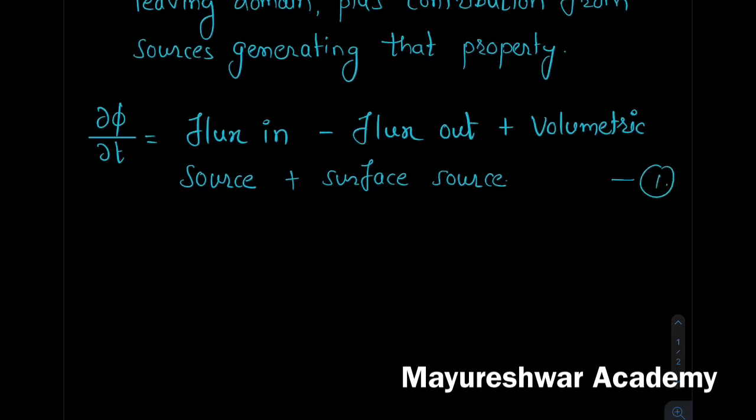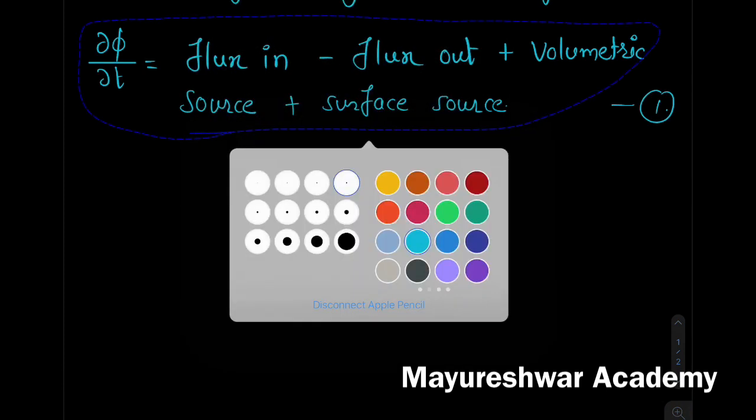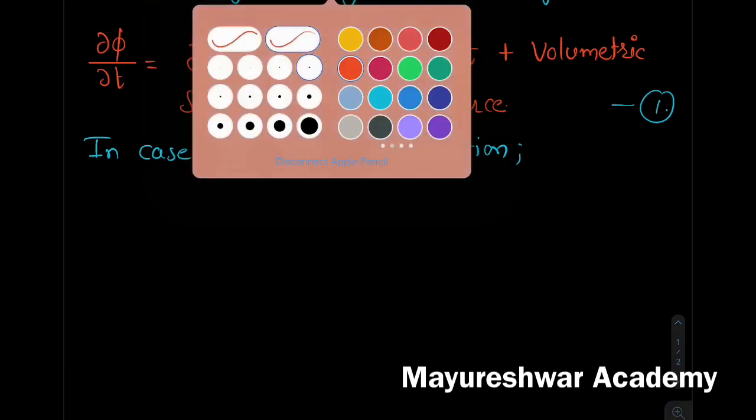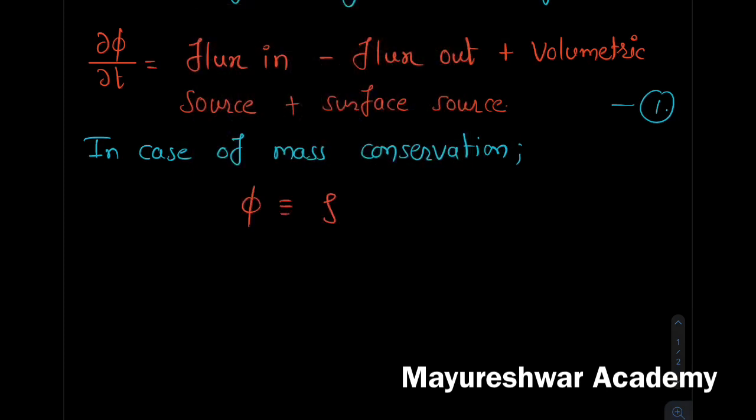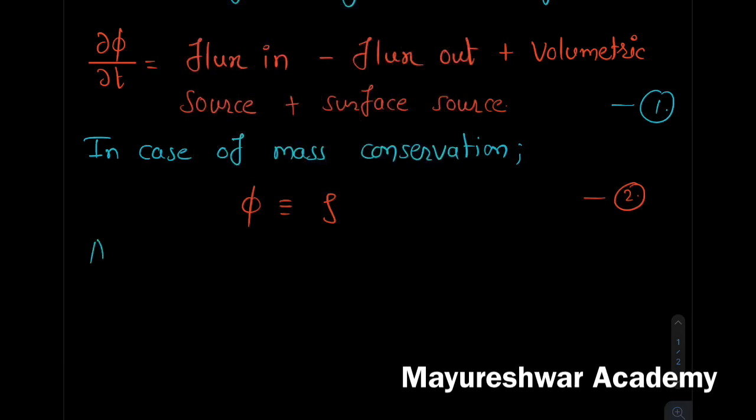So let us call this equation number 1, and this is going to be the main equation for our formulation in differential form. In case of mass conservation, we already know that phi is basically property per unit volume. So phi is equal to rho, which is mass per unit volume in our case.